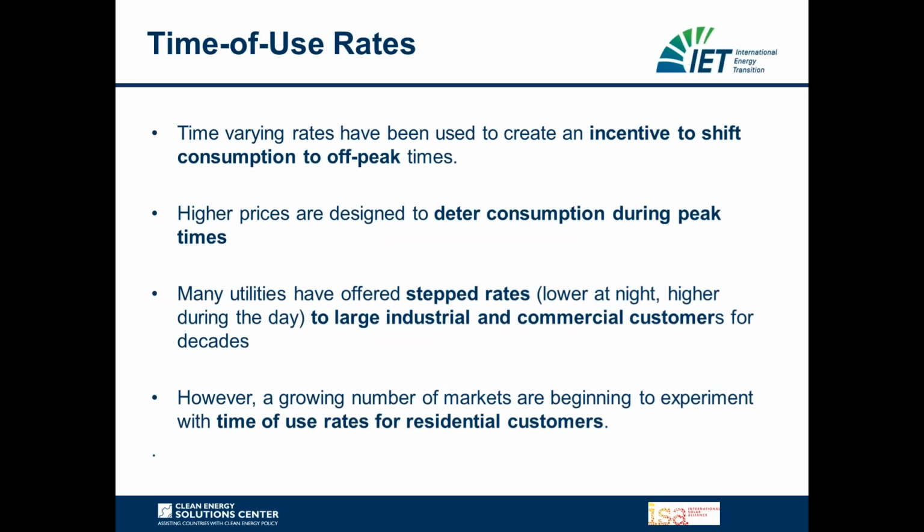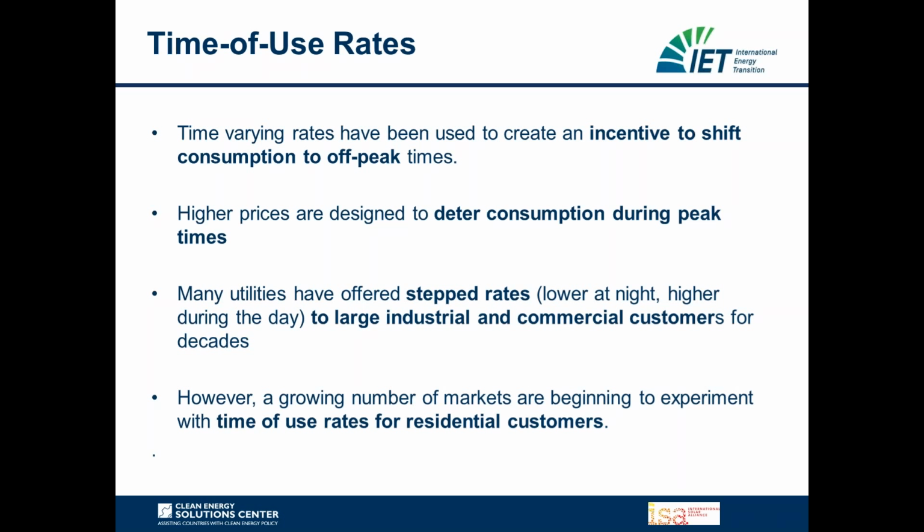The primary incentive for this is to shift consumption from peak periods where producing electricity is relatively expensive to off-peak periods where you already have a lot of low-cost power generation in the system, and where you don't have any grid constraints, and therefore it's much cheaper to generate electricity at those times.